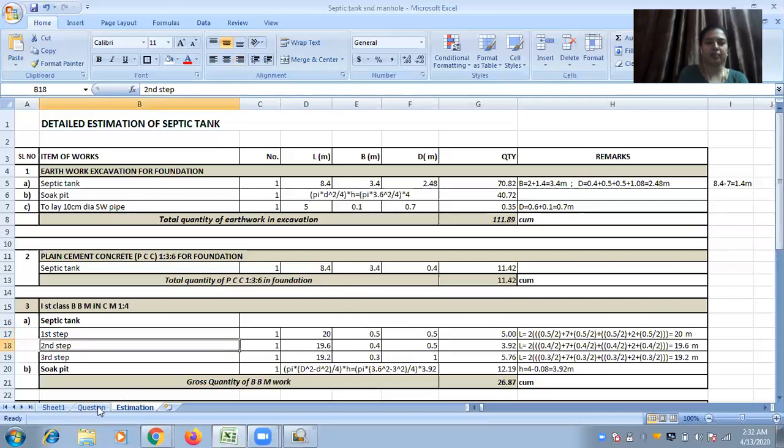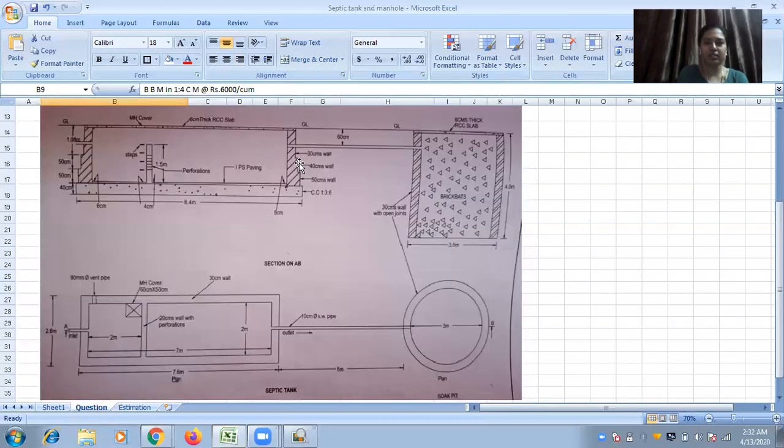Similarly, the second step will be with 40 centimeter thickness. So that center line will be different. Only the wall thickness changes.